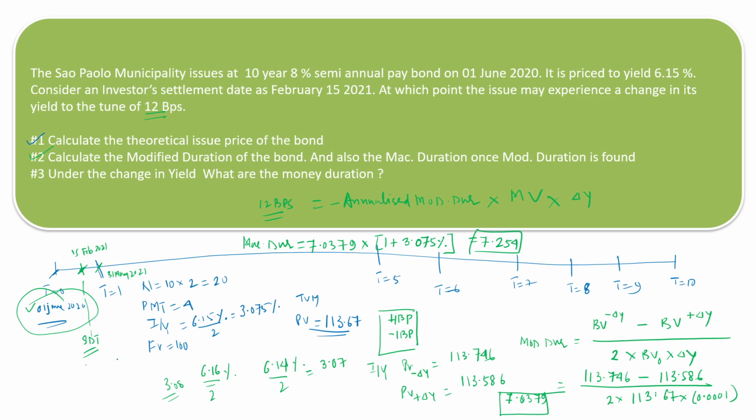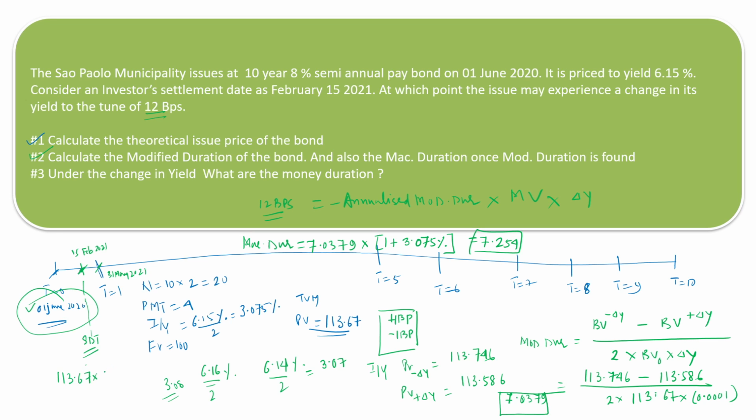So in this case, first we find out the theoretical fair price of this issue on 15 February 2021, and assuming that the security is on the glide path of the price-yield trajectory, all that we have to do is multiply the period with the current yield itself. So the price that we found out was 113.67.